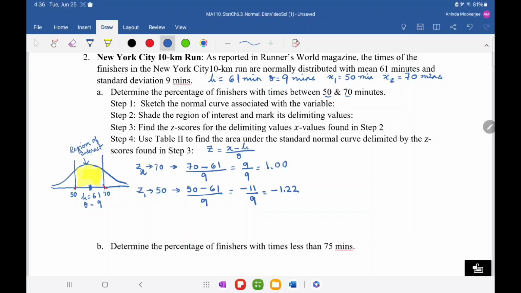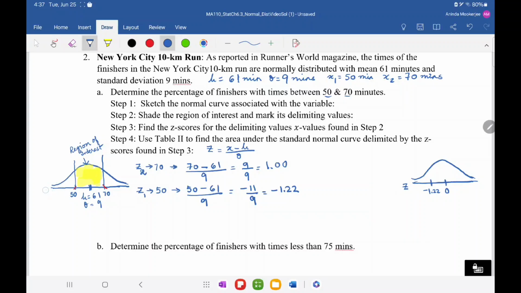So I'm going to now draw another curve here before we go to find the area. This time it's going to be the standard normal curve. All right, standard normal curve center point is going to have a z value of 0. And then what were the two z values we found? On the left side, there'll be negative 1.22. So let's mark this as negative 1.22. In the standard normal curve, the horizontal line is z values.